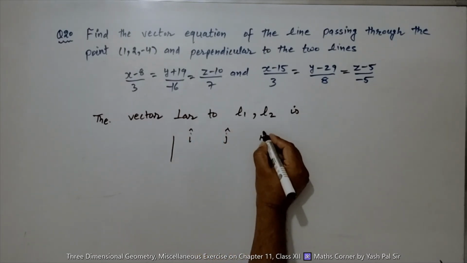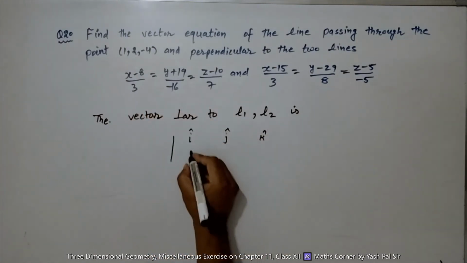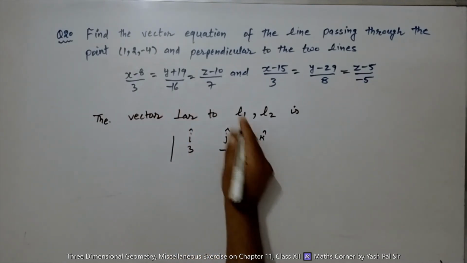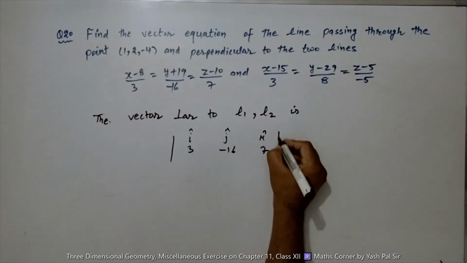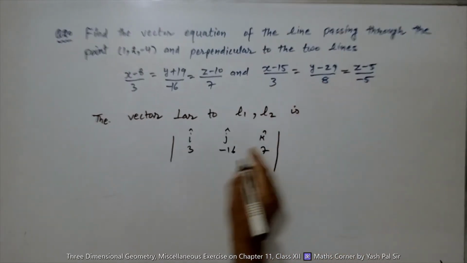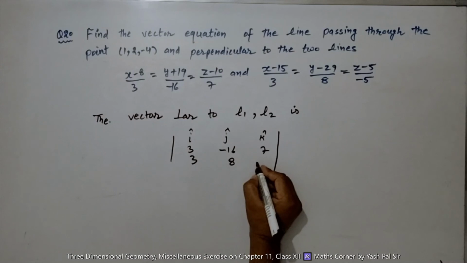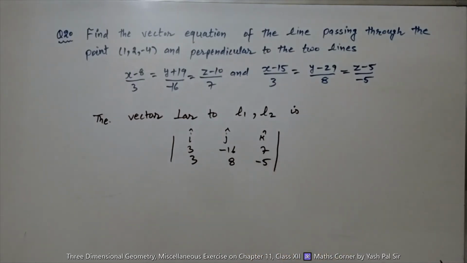i, j, k. The direction ratios of the first line are 3, -16, 7. The direction ratios of the second line are 3, 8, -5.